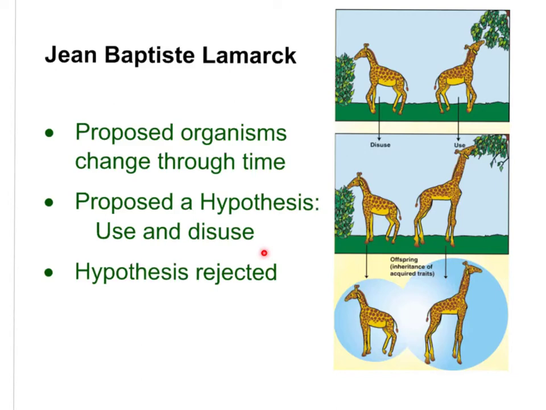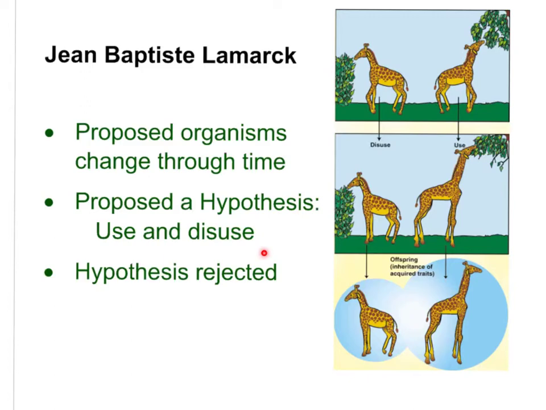His explanation was that a change in the environment produces a need for change in animals, and if an animal needs to use one part of its body frequently, that part will become stronger and more well-developed.